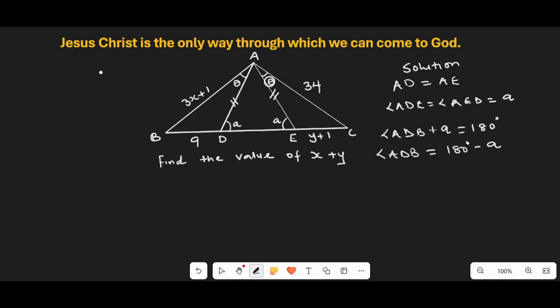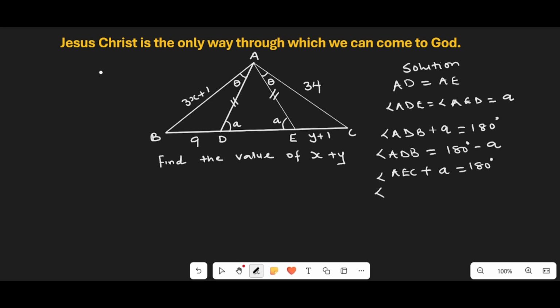Also, let us find angle AEC. Angle AEC plus this angle A are angles on a straight line, and the algebraic sum must be equal to 180 degrees.